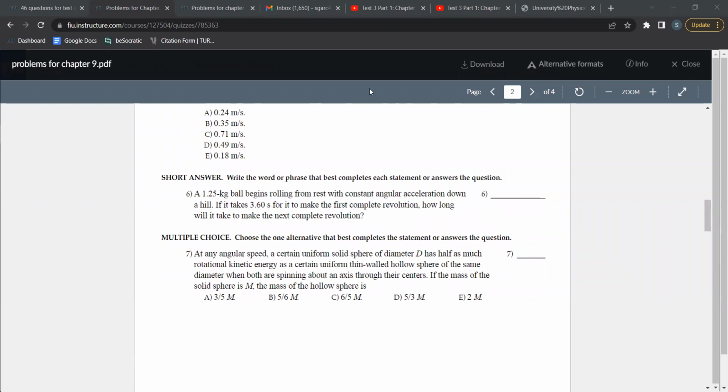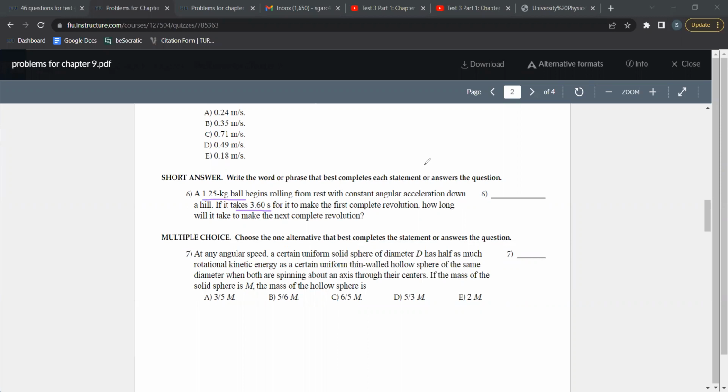All right, so it reads like this. A 1.25 kilogram ball begins rolling from rest with a constant angular acceleration down a hill. If it takes 3.6 seconds for it to make the first complete revolution, how long will it take for the next revolution to be completed?